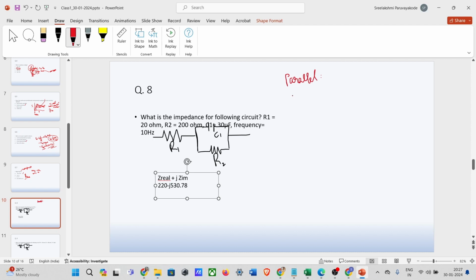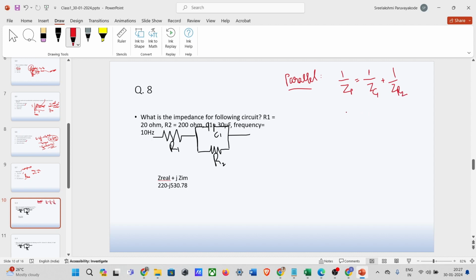First I'll deal with the parallel section, which has a capacitor in parallel with the resistor. The form I like to use is the impedance, though anyone can go with impedance also. So 1 by Z parallel will be the sum of 1 by ZC1 plus 1 by R2.